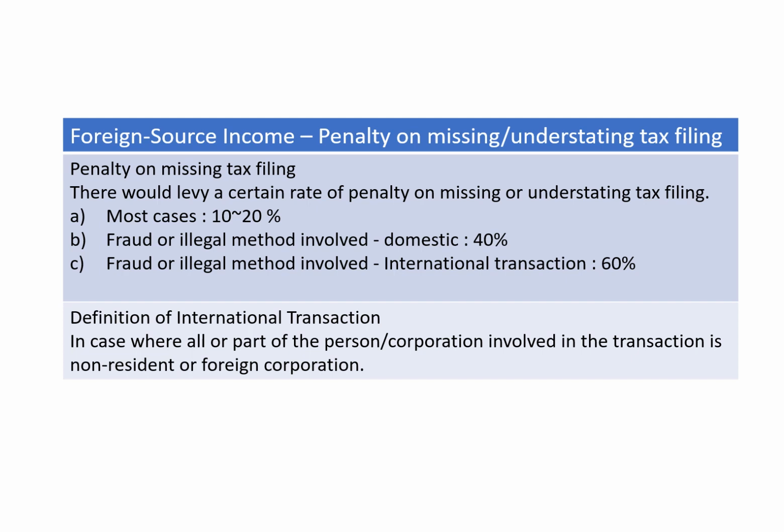When the tax filing is missed, 20%. When the tax return is understated, 10%. When fraud or an illegal method is involved, then domestic 40%, international transaction 60%. Again, the penalty rate is higher than domestic when it comes to international transactions.